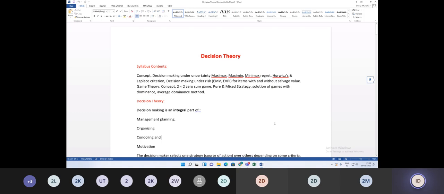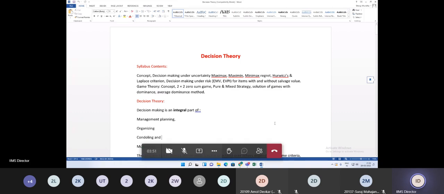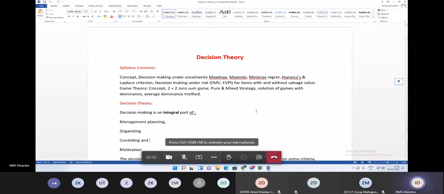If there is a single criterion, there is no need to take a decision because that will be the compulsory strategy. If there are multiple strategies, we have to go for decisions. And whenever we take a decision, it depends upon certain states, situations, scenarios.